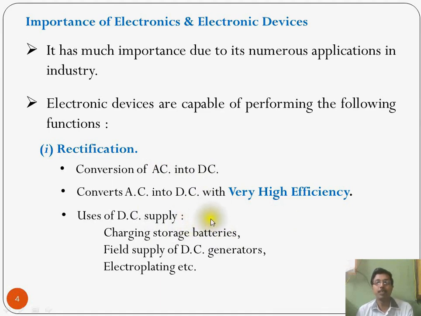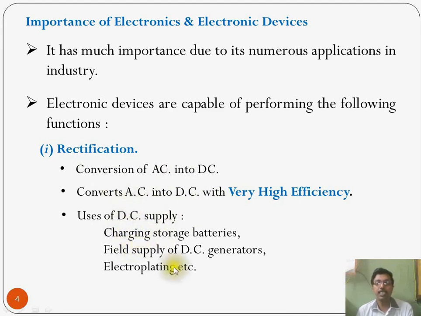That's why it is named an inverter. Inverter is the opposite of a rectifier. Rectifier converts AC into DC. Inverter converts DC into AC. So the stored charge is always DC supply.